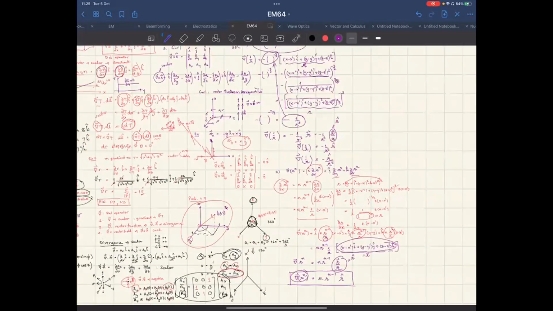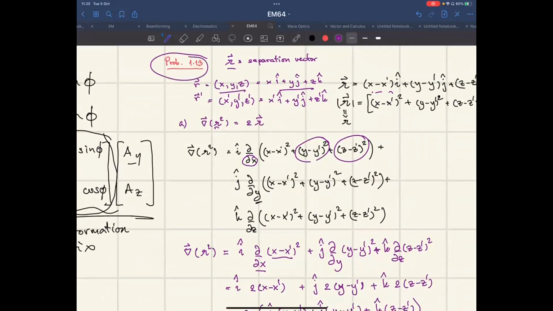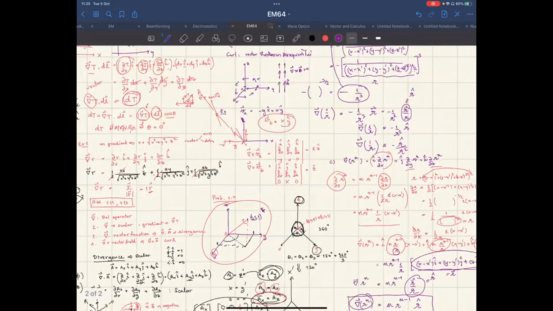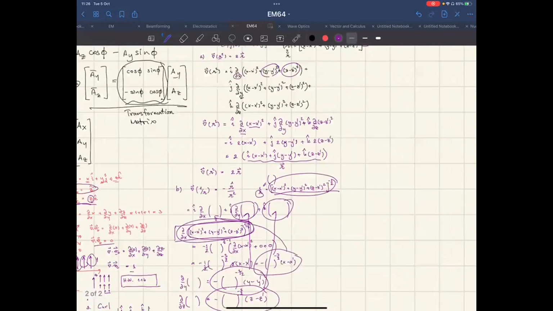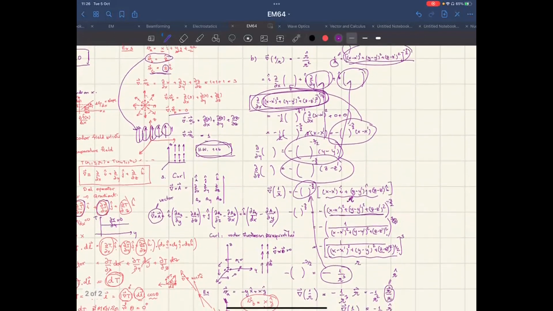You should try one problem here; you can choose which problem you want to do. We did 1.13 here, and what is it? 1.9. So we did only 1.9 and 1.13. This is what we did. So what we have left, we have 1.16.